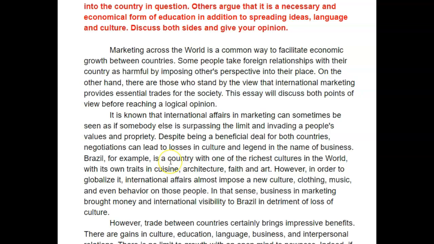Brazil, for example, is a country with one of the richest cultures in the world, with its own traits and cuisine, architecture, faith, and art. However, in order to globalize it, international affairs almost impose a new culture, clothing, music, and even behavior on those people. In that sense, business and marketing brought money and international visibility to Brazil, not in detriment.